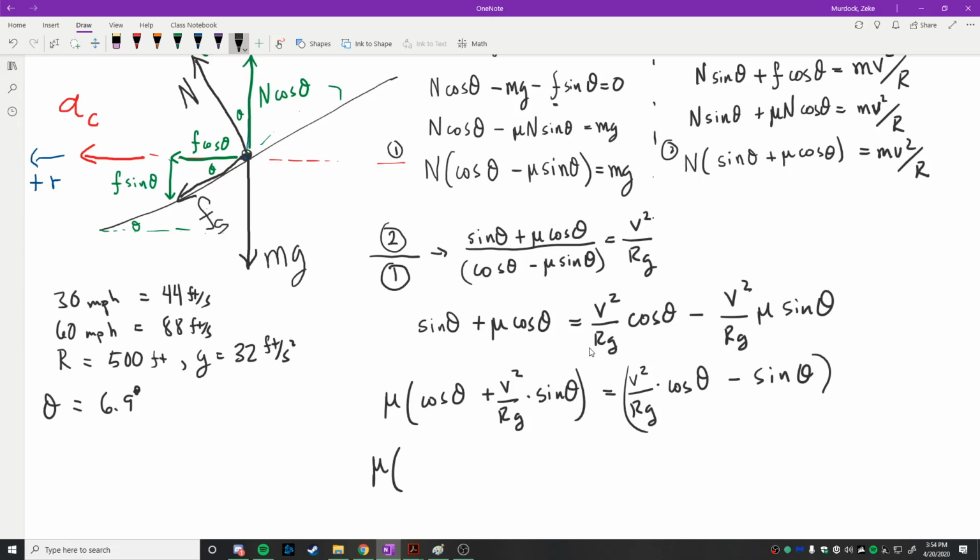You're going to get cosine 6.9 plus 88 squared divided by... This is something where I feel like I need to be doing this on screen. It's just too many things I'm plugging in. So let's do that real quick.